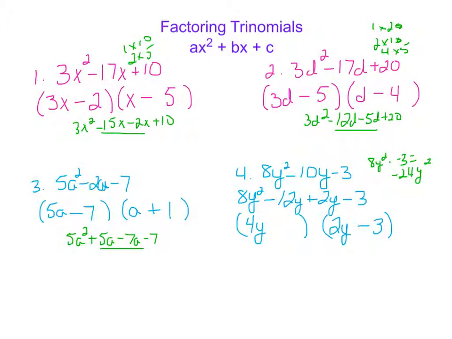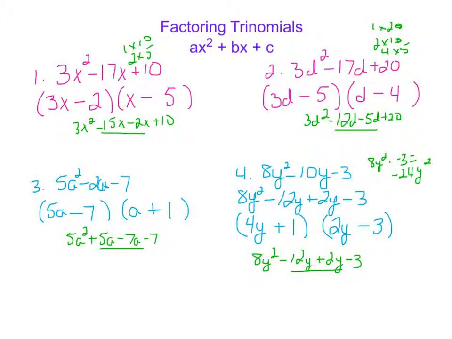And this first parenthesis needs to be a plus 1, because when I multiply I get positive 2y on the inside, and my last 2 when I multiply I get negative 3. All right, but let's FOIL to check. So 4y times 2y, we get 8y squared minus 12y plus 2y minus 3. And you combine your middle terms, you will get a negative 10y.